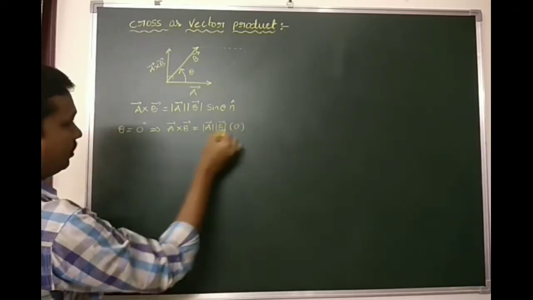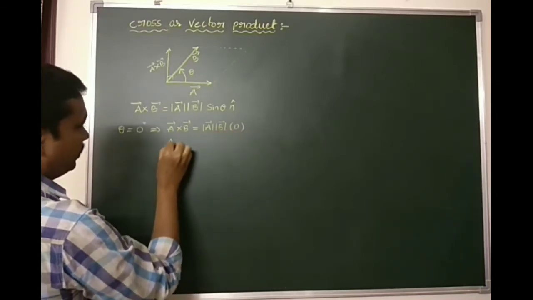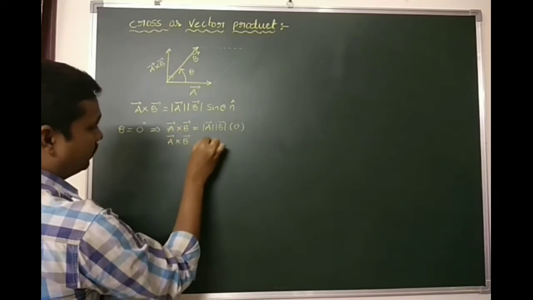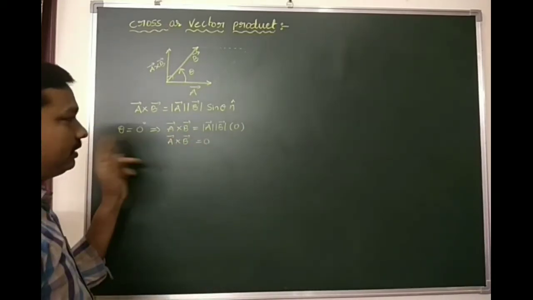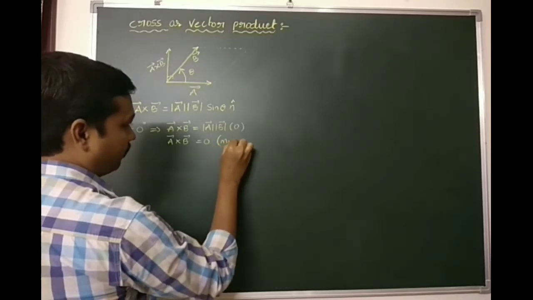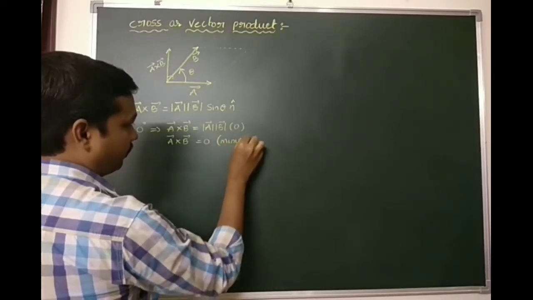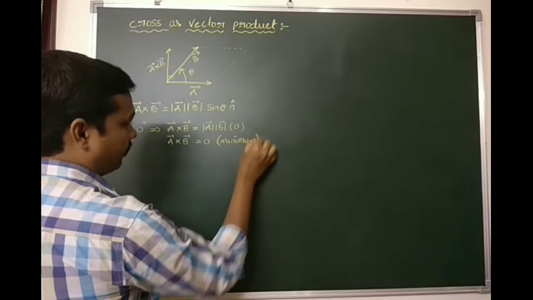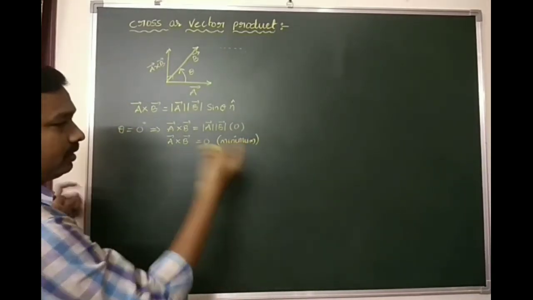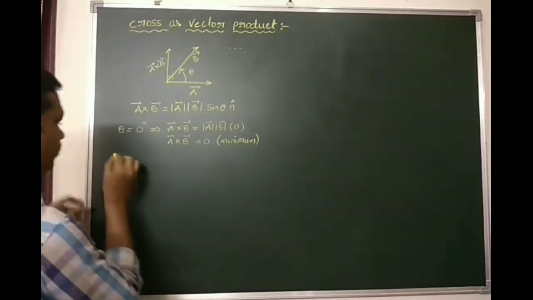So A cross B equals 0 itself. When theta is 0 degrees, A cross B equals 0, which is the minimum.